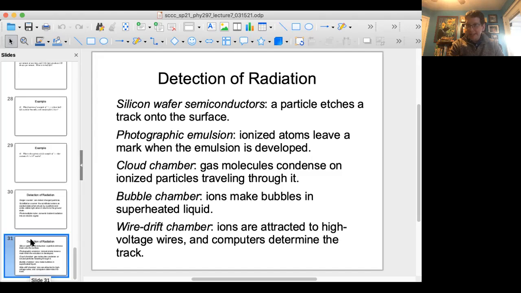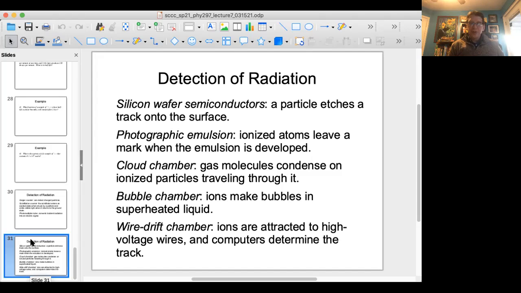So you not only detect the presence of a particle, you can figure out its track from that, or its trajectory. And the same is true for a bubble chamber. So you have a superheated liquid, and when a radioactive object goes through, it evaporates the superheated liquid it comes in contact with. And again, that gives you a track.